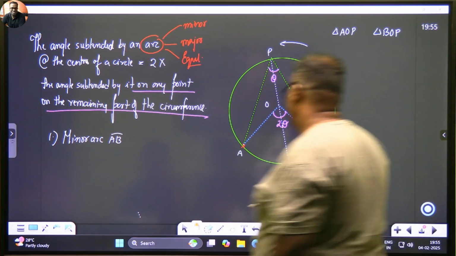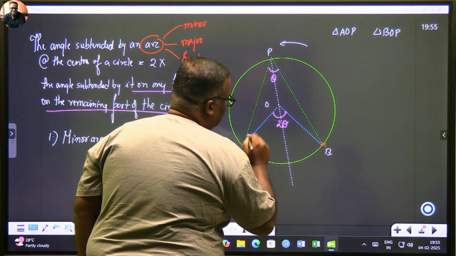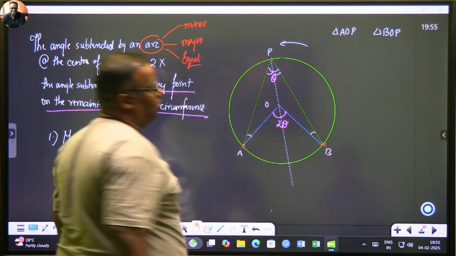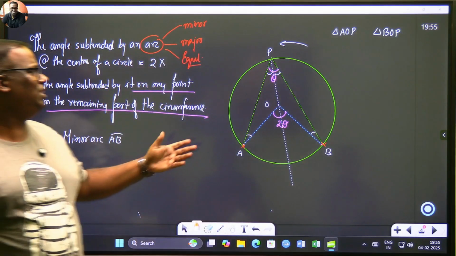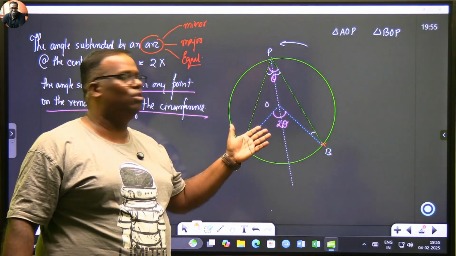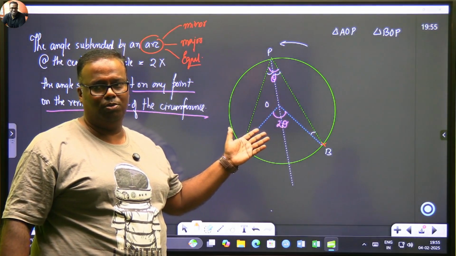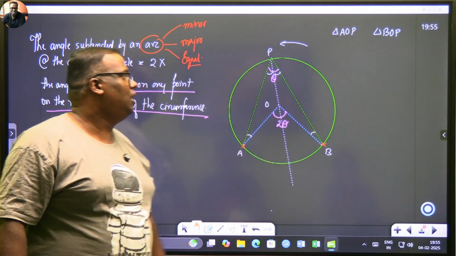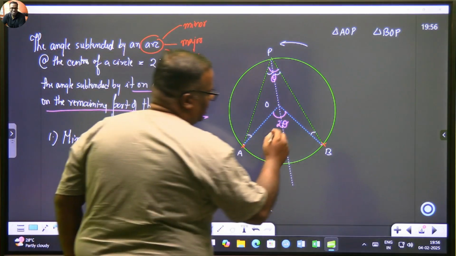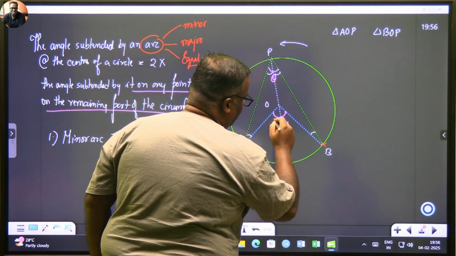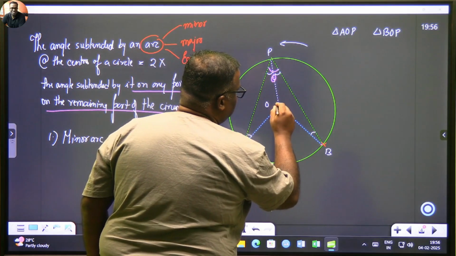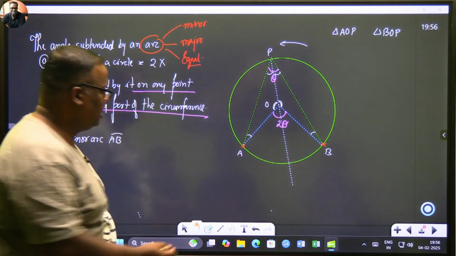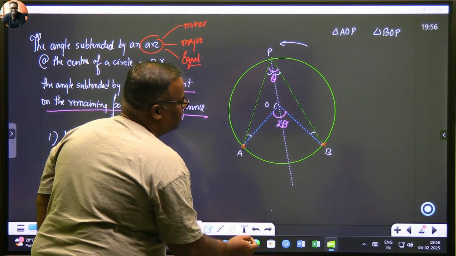So don't you think that this angle should be equal to this angle, and this angle equal to this angle? First of all, let us see whether they are congruent or not. Both the triangles are congruent also. They'll automatically come out congruent. This angle is same, this angle is same. Now, if these two angles are equal, this angle is also equal to this angle, obviously. But let us not break our head on that.